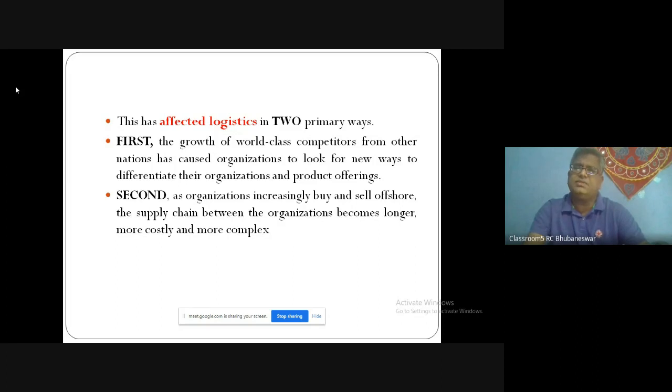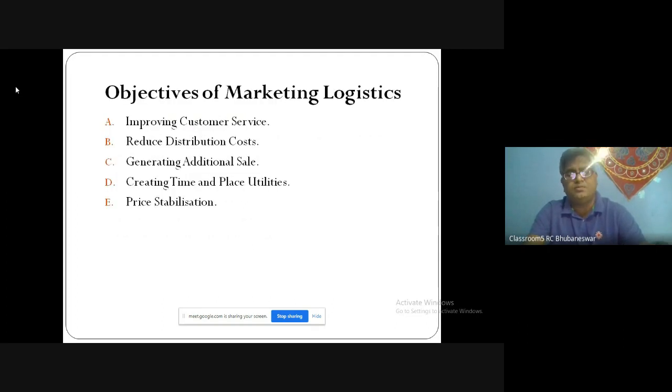Nowadays there is cutthroat competition from company to company and nation to nation, with companies differentiating their product offerings and selling products offshore, which is complex in nature and a competitive atmosphere.